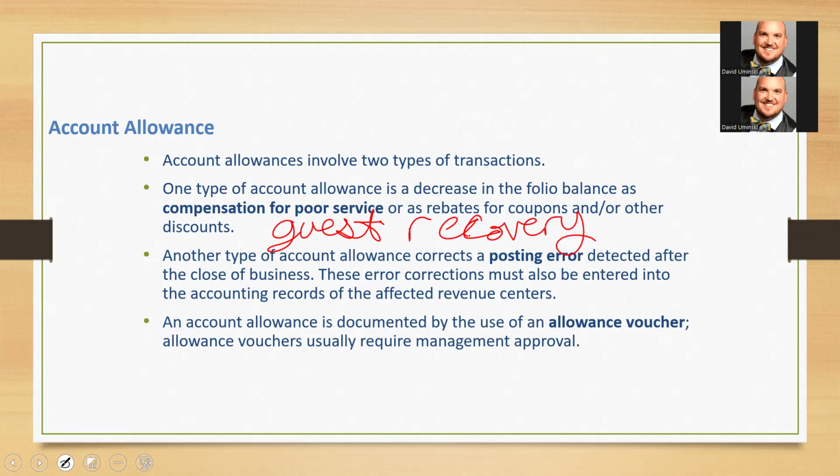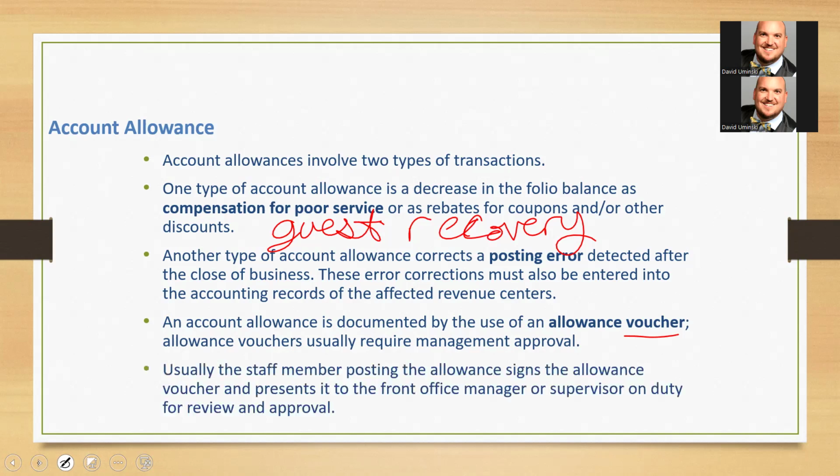So a guest recovery effort means that something has gone wrong and we're trying to recover that guest from that poor guest service experience. Okay. So that guest service recovery is really key. And with that voucher, we want to make sure to say why. Why are we giving this complimentary room? Why are we comping a room night? Why are we giving them dinner? Why are we giving them this? Okay. There always needs to be an explanation.